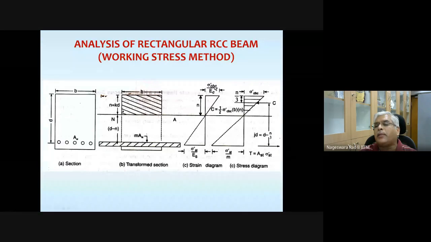So sigma cbc prime divided by Ec multiplied by Ec is going to give you the stress distribution. Strain is 0 here, so stress is going to be 0 here. Strain here is sigma cbc prime divided by Ec, so multiply with Ec, you are going to get sigma prime cbc. And in between, stress distribution is going to be linear.